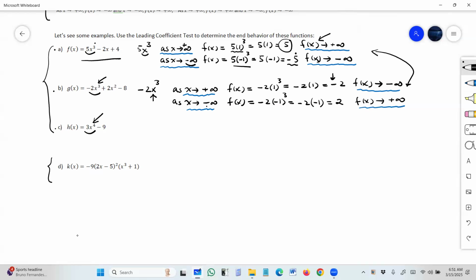Next case, same thing. We identify the leading term. As x goes to positive infinity, I am going to replace x with positive 1. And then I'm going to evaluate this expression. So 1 to the fourth is just 1, which means since the answer is positive, f of x goes to positive infinity.